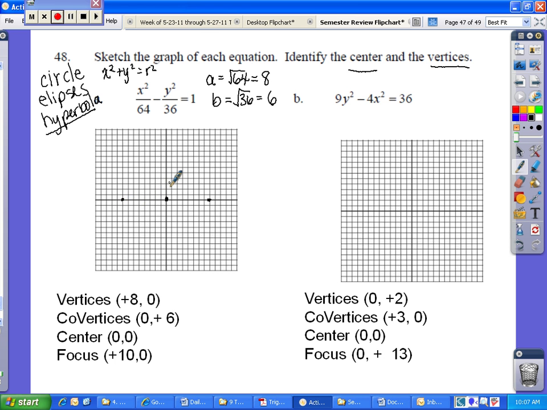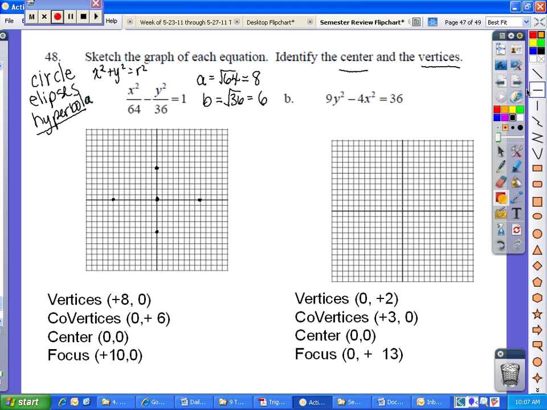Also 6, up 6, and then down 6. Now in this case, with hyperbolas, the only thing that those b values are really used for is to determine where my asymptotes are. So I'm going to draw my rectangle in the center, and that's how I am going to draw my asymptotes.